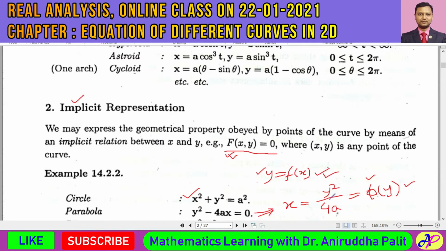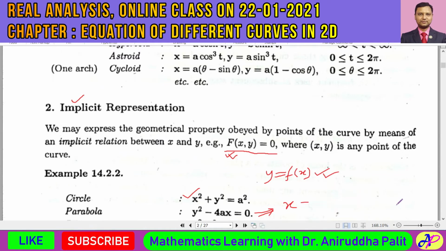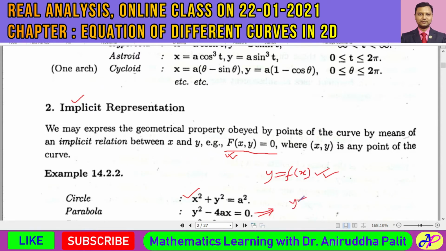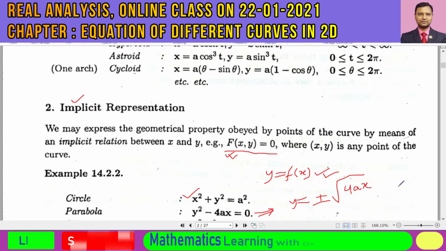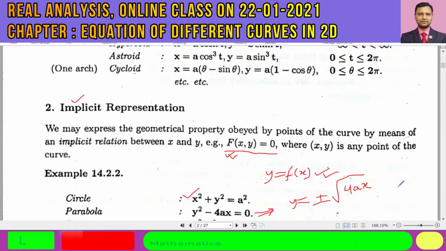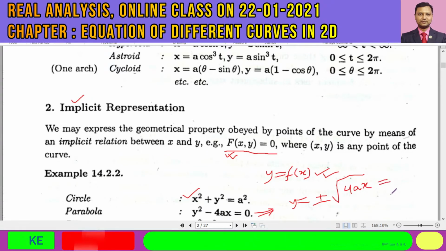Got it? And you may ask, sir, we could also write this equation of the parabola in this way: y is equal to plus or minus root over 4ax. You could also write it in this way, but the problem is that the definition of function says that if we represent it in this fashion, it would not be a function.